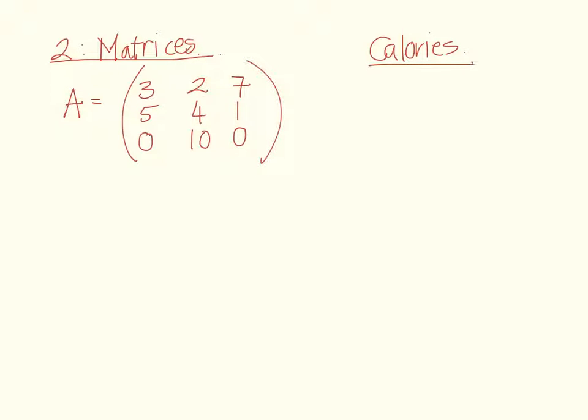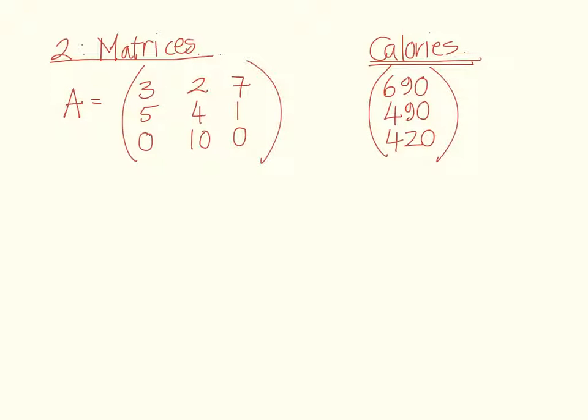Now, what we needed to do when we were talking about the calories for each of those items was, in fact, write the calories in this way: 690, 490, and 420.